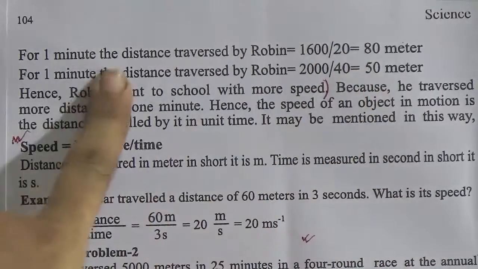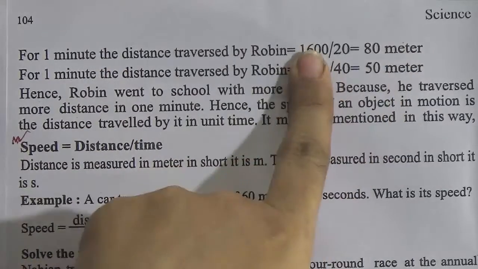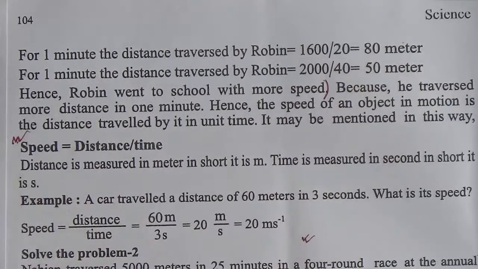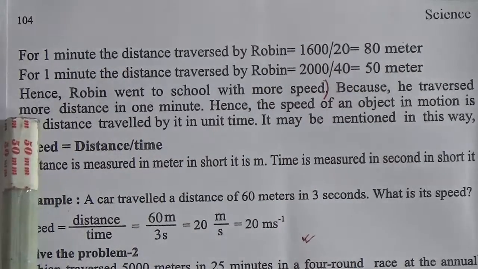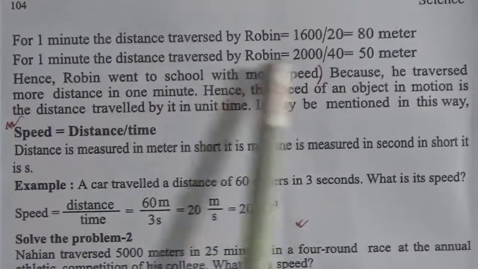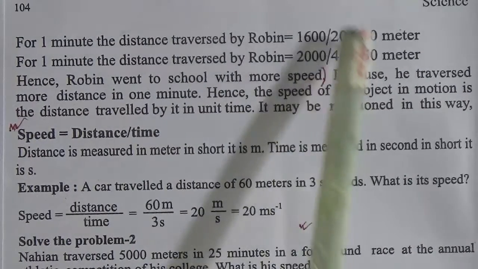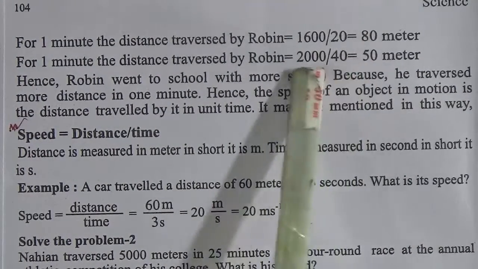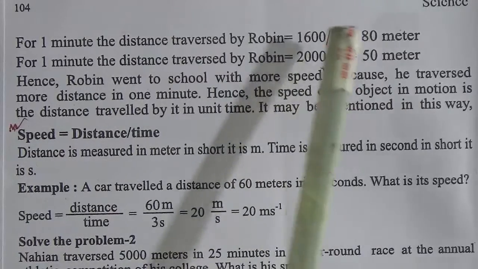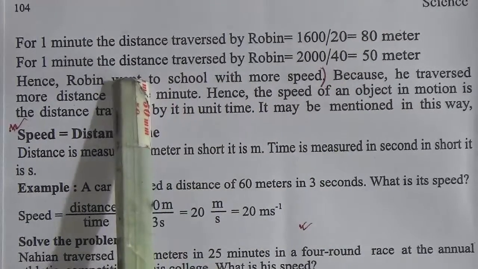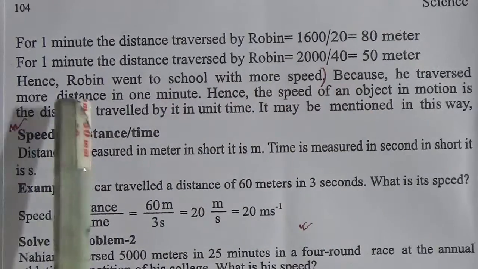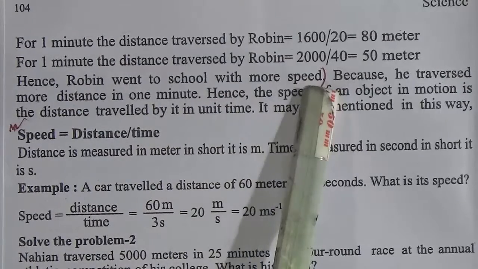So he travelled 1600 by 20, 80 meter in 1 minute. Shaheen travelled 2000 meter and takes 40 minutes, so in 1 minute he travelled 50 meter. Hence Robin went to school with more speed.